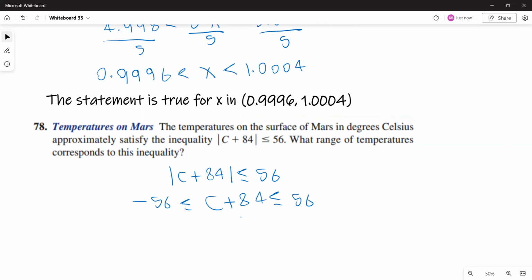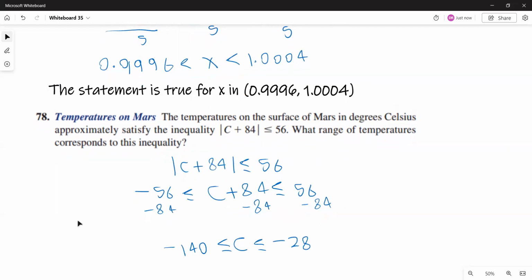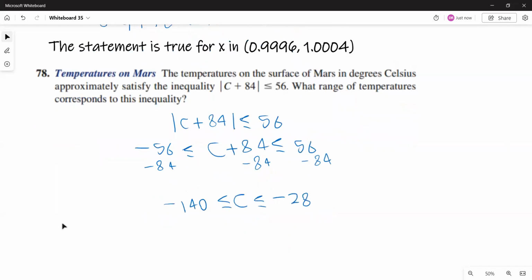Okay, subtract 84 from all three parts. And C is greater than or equal to negative 140 and less than or equal to negative 28. So what range of temperatures corresponds to this inequality?